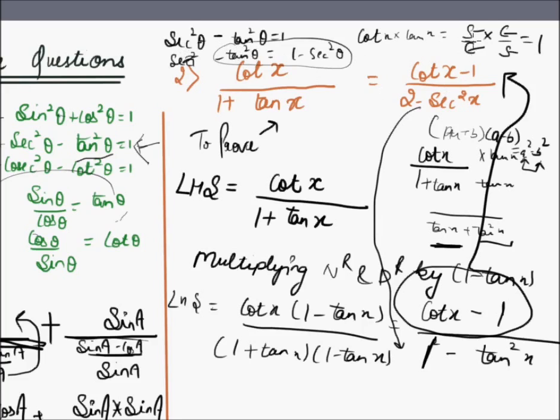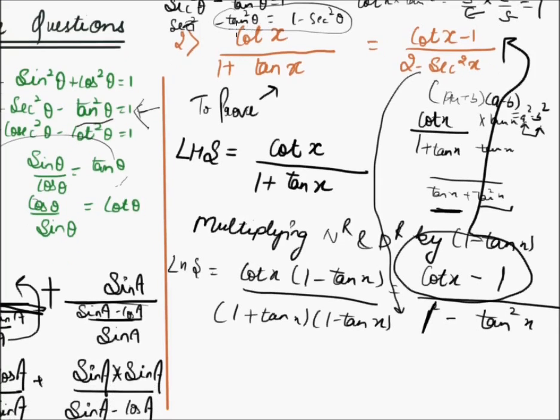Friends, it must be made clear over here that s and c are not actually shorthand terms for sine and cos. I have used them just to save calculation time. So now moving on to the question, minus tangent square theta is 1 minus secant square theta.